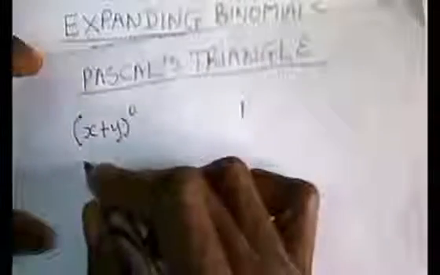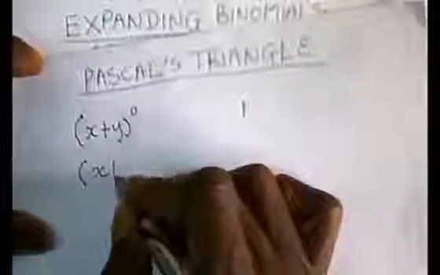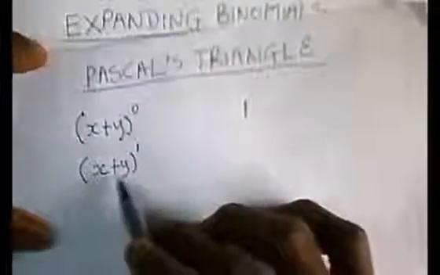Now if we consider the next term, which is (x + y)^1, you can see that this binomial carries power 1, and if we expand it, we have 1 and 1 as its coefficients.